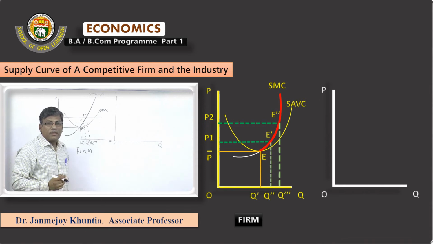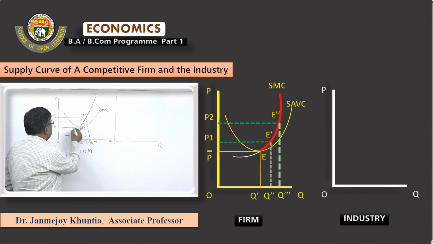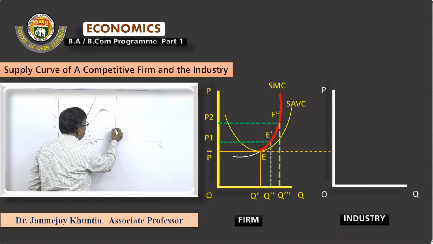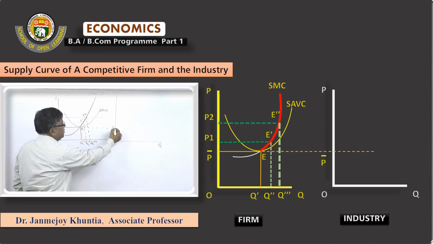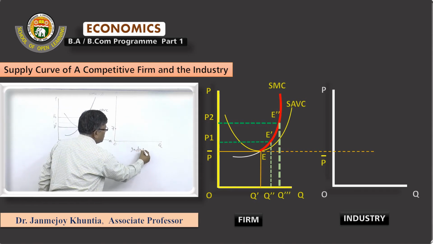You know that the industry supply can be derived by horizontal summation of the firm supply. So the minimum price P bar can be labeled here on the industry diagram. Call it industry diagram.